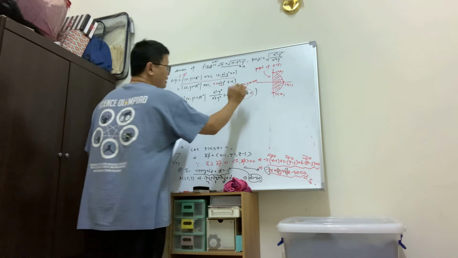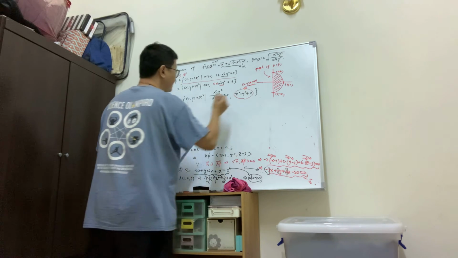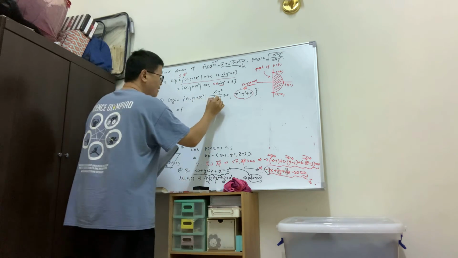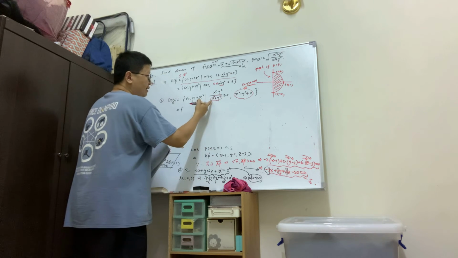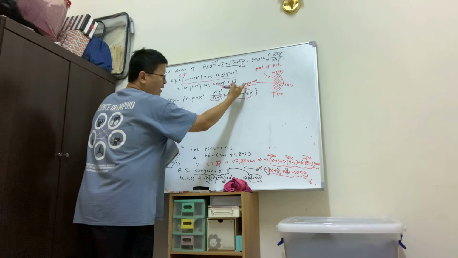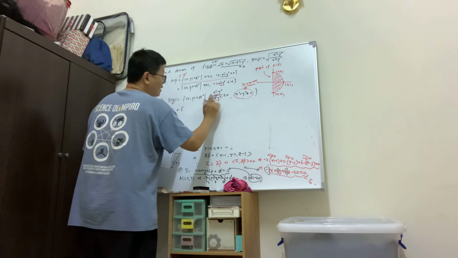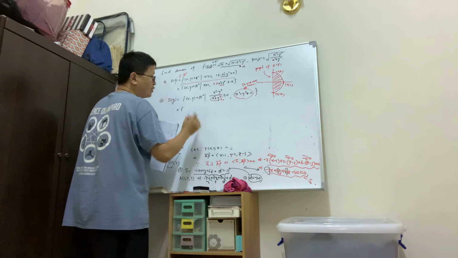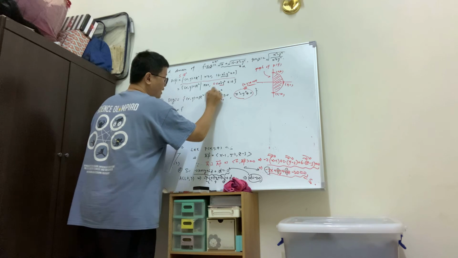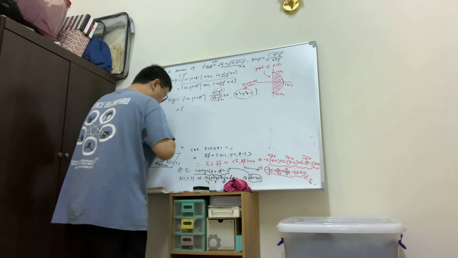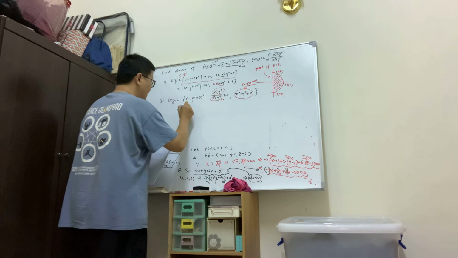If both x and y are non-zero, then the denominator should be positive, and then we could skip it. We just have this part. So for this one, we could simplify it.